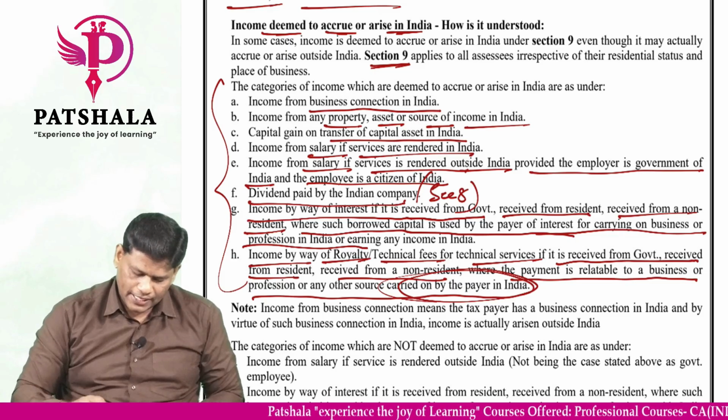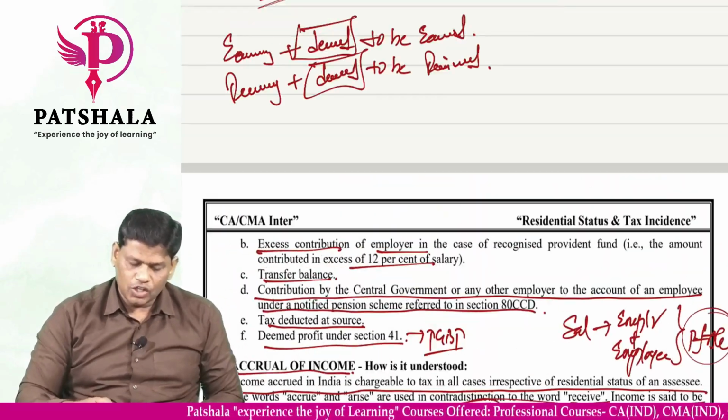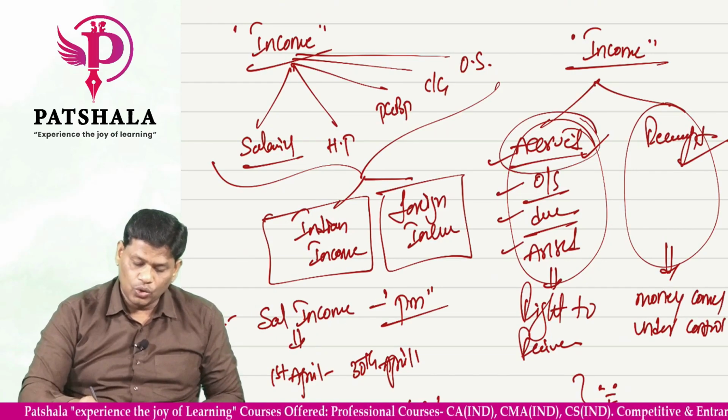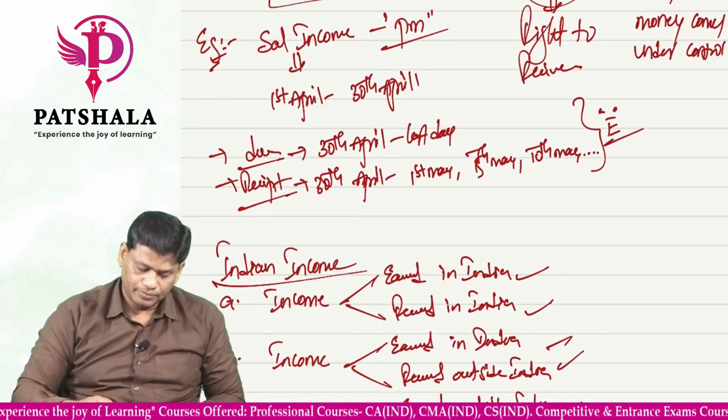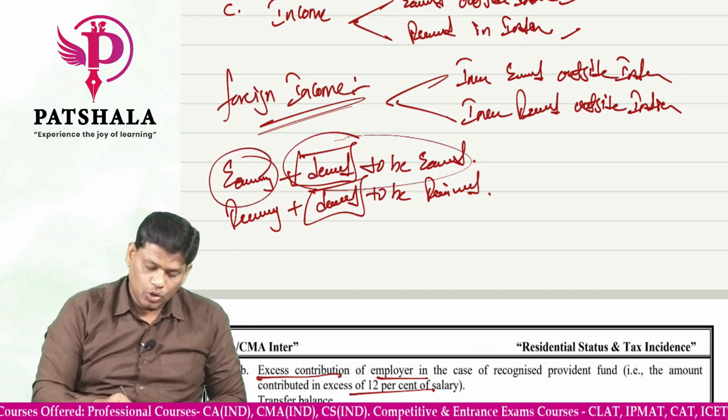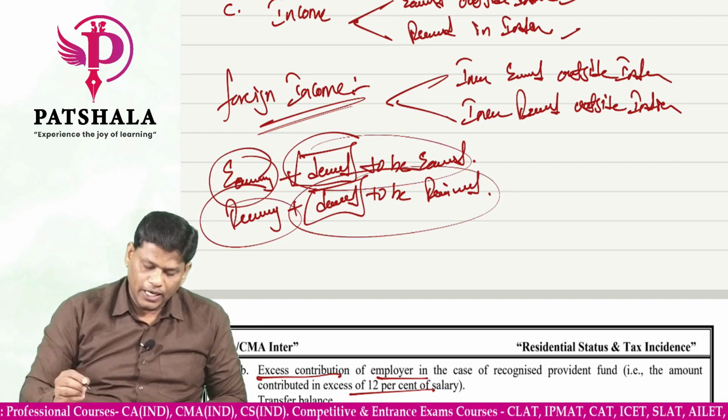Okay, next. So now we have understood four terms. What are those four terms for taxability? Accrued, receipt, then as I told you, after accrued, deemed to be earned, received and deemed to be received.